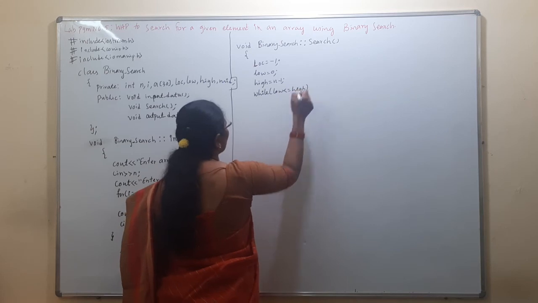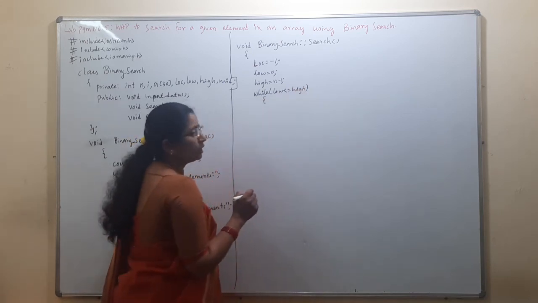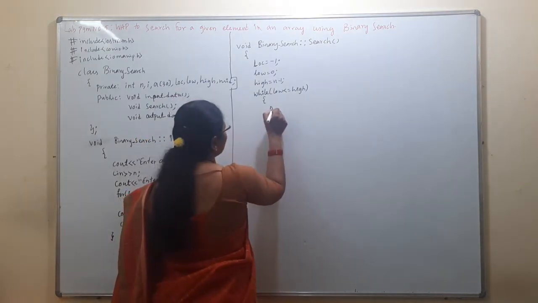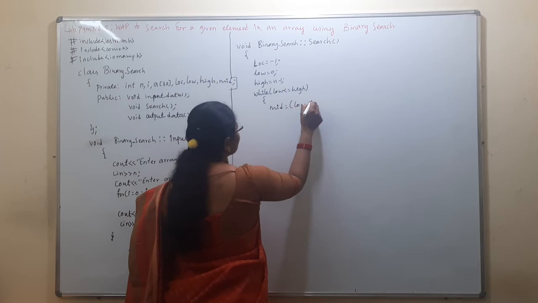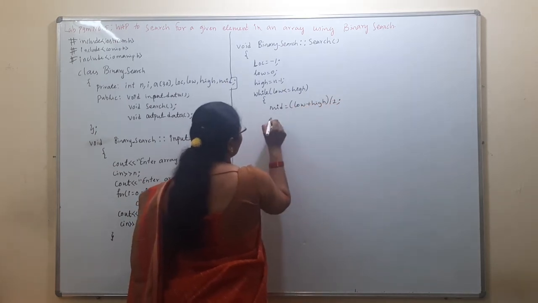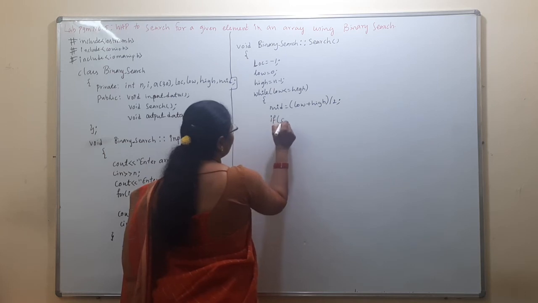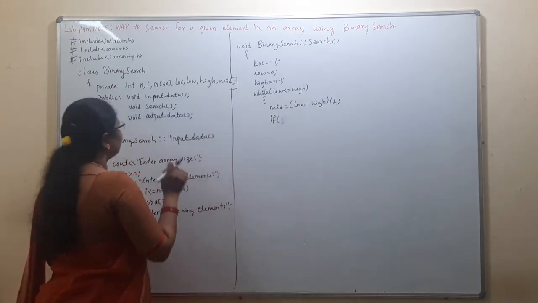If you know the algorithm, easily you can write it. Many functions are there, so open the flower brace, find the mid value: mid equal to (low plus high) divided by 2.